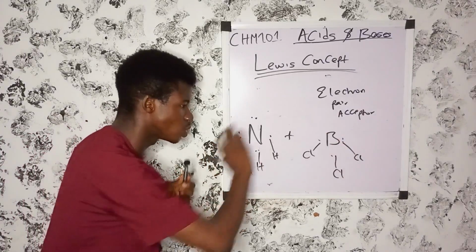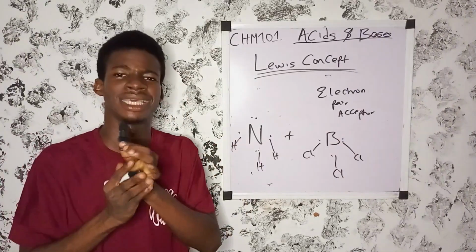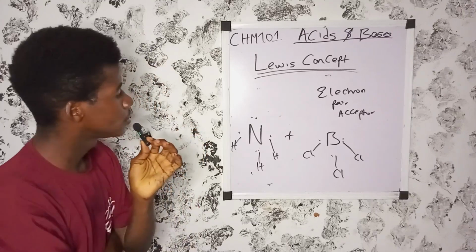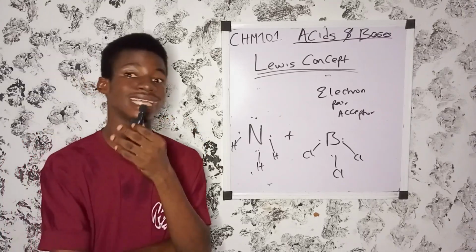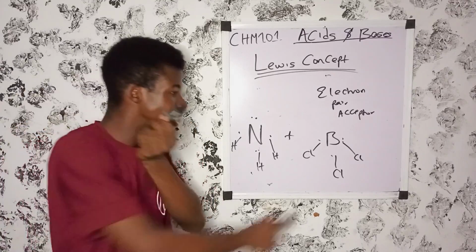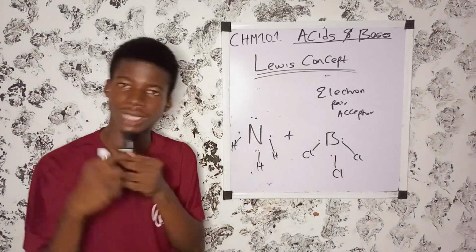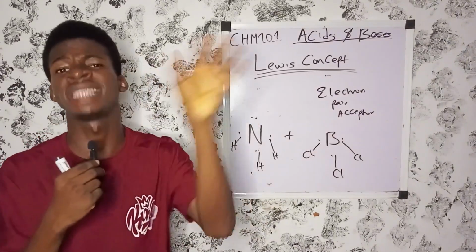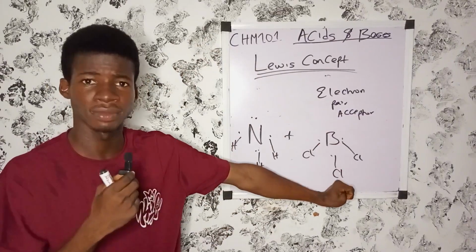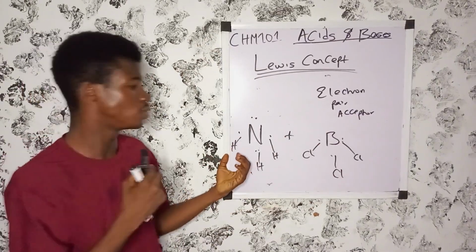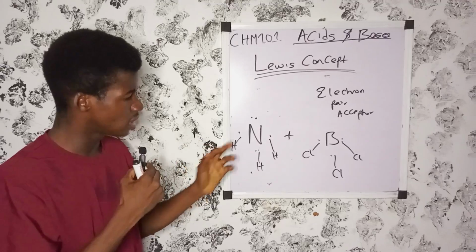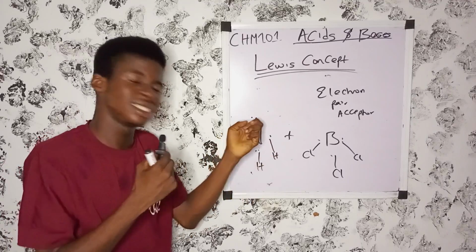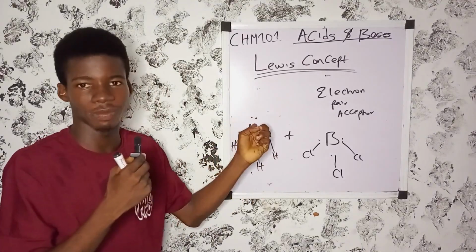If you look at this structure, which one can easily donate a pair of electrons? This one can no longer donate electrons, because it has already used all its electrons to bond with chlorine. But if you look at ammonia, it uses some of its electrons to bond with hydrogen, and it still remains with 2 electrons up here.